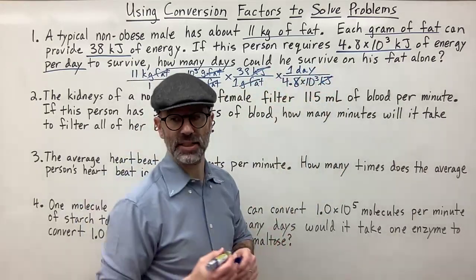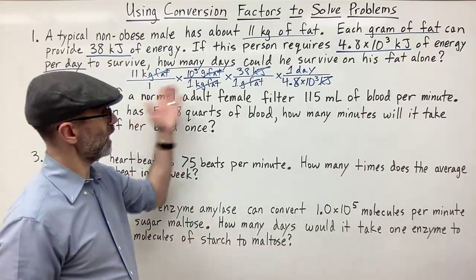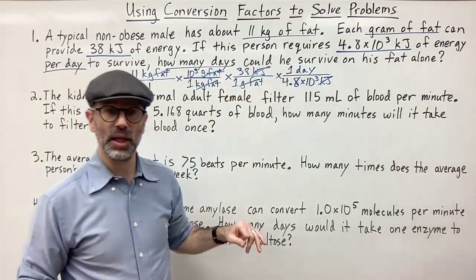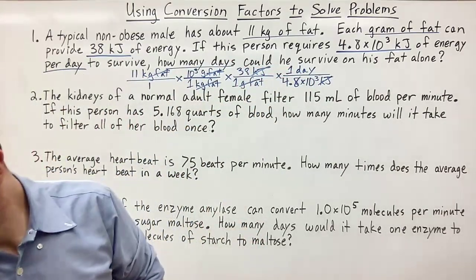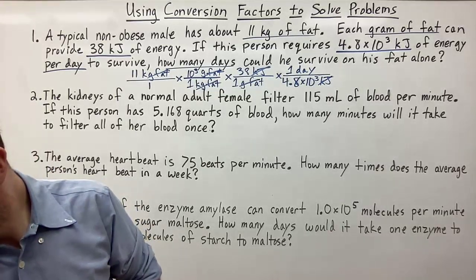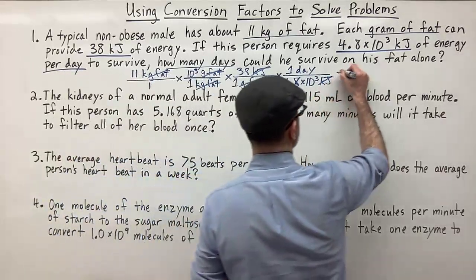I have days on top. I am done. Now all I need to do is calculate. So I have days. So I'm going to multiply across top, divide by the bottom, and I'll get my answer in days. And when I do that, I get 87 days.